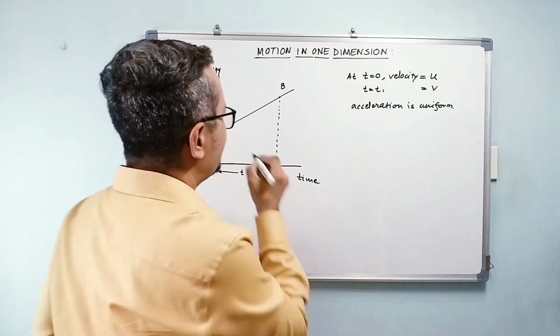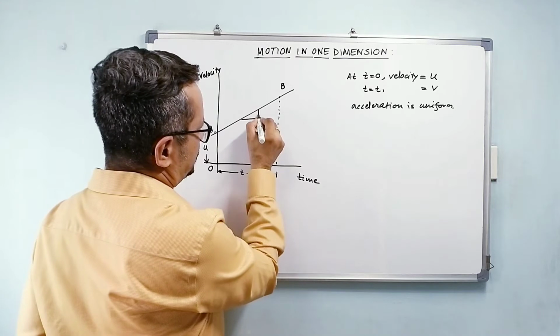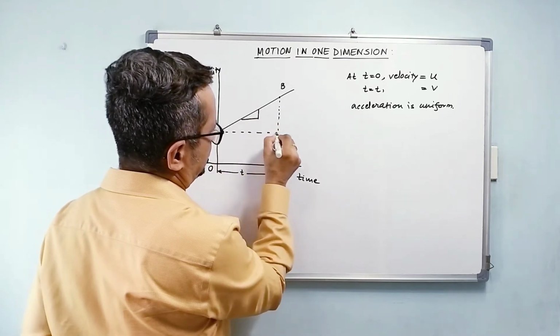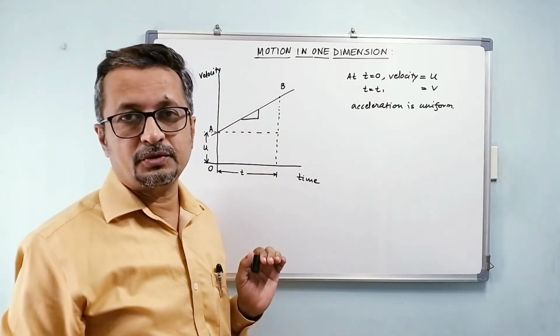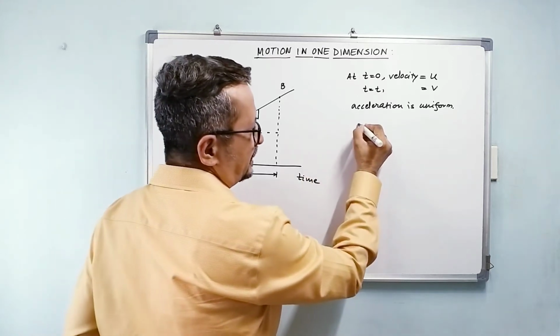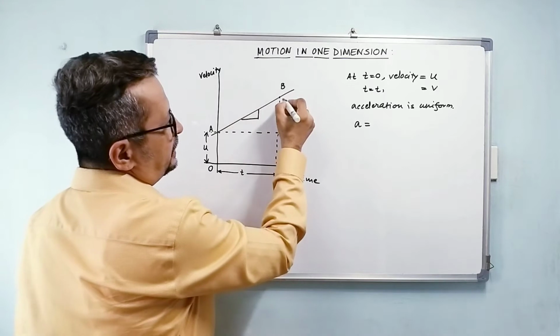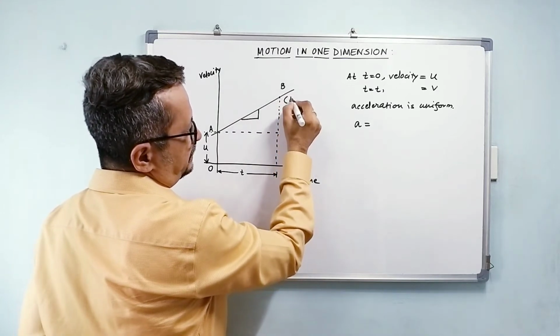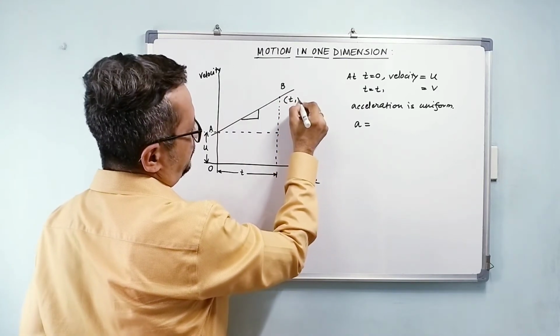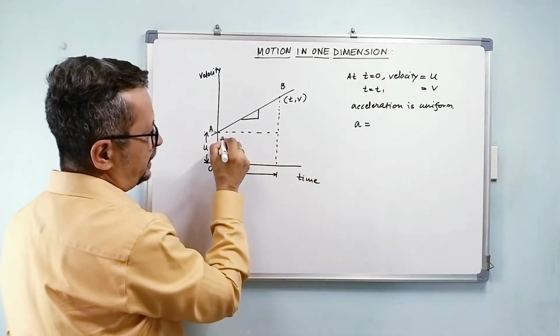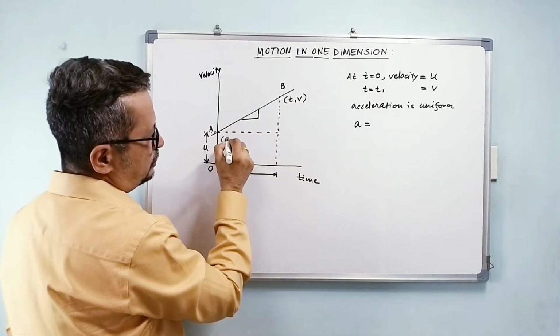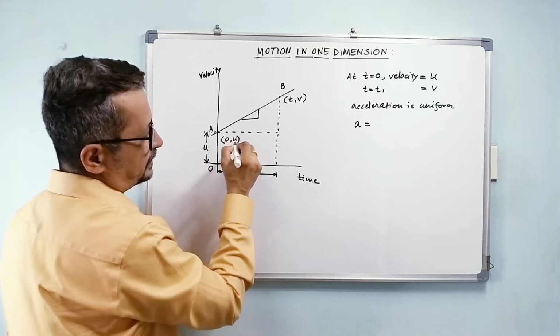You take the gradient between any two points, say A and B, and it is going to be equal to a. My coordinates for B are t comma v, and for A it is 0 comma u.